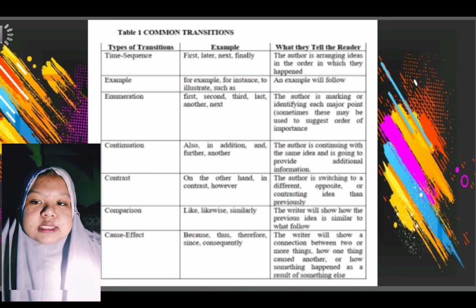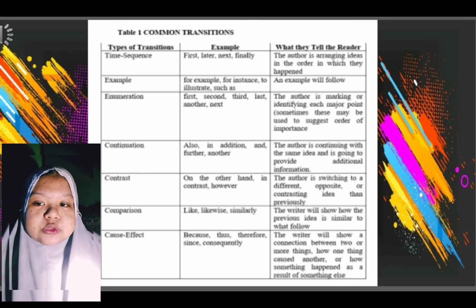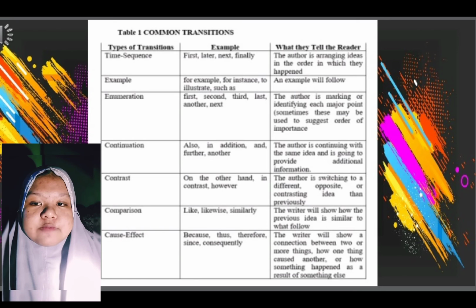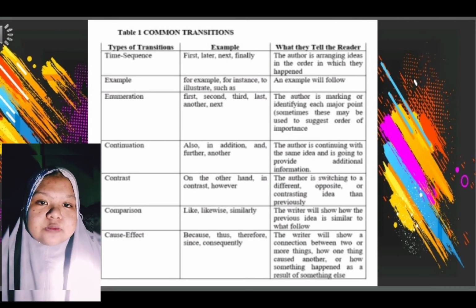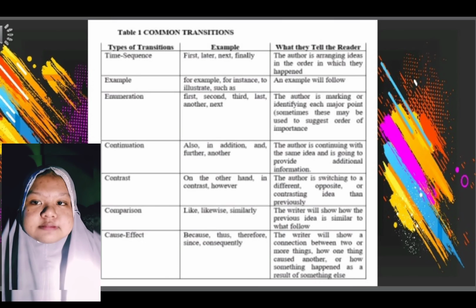For example: on the other hand, in contrast, and however. What they tell the reader is that the author is switching to a different, opposite, or contrasting idea than previously. And the sixth type is comparison. For example: like, likewise, and similarly.